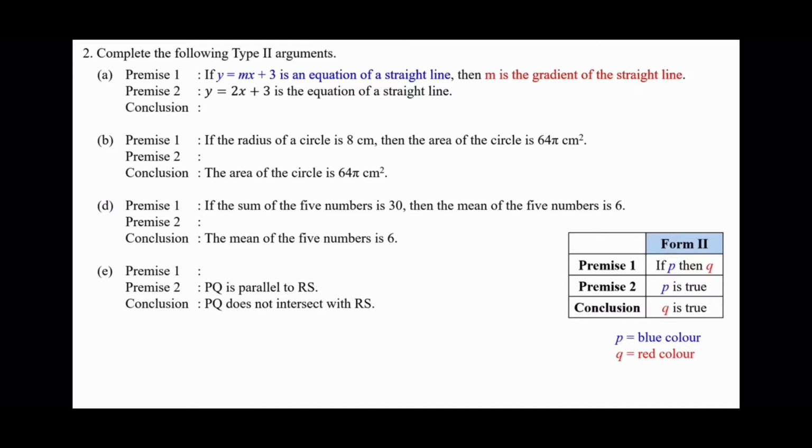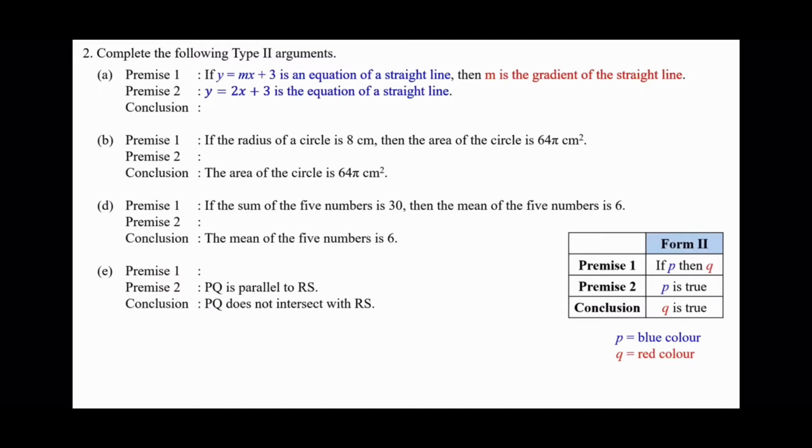So premise 2 is always the blue color statement because that is the statement for P is true. We use blue color for P and red color for Q, and we copy down the red color as the conclusion.